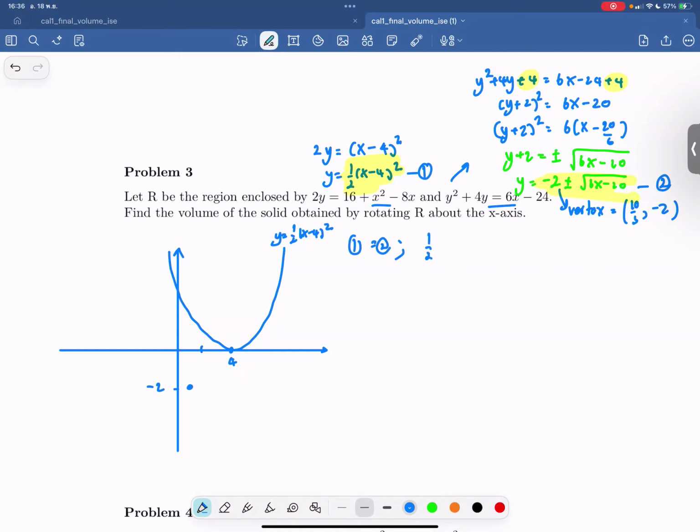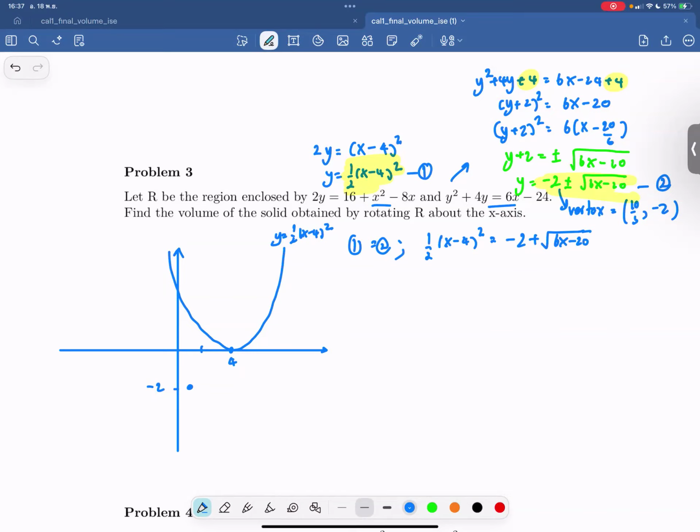By adjusting y, I try to bring the value of y in terms of x to be equal. I will solve only the positive side, which is 6x minus 20.